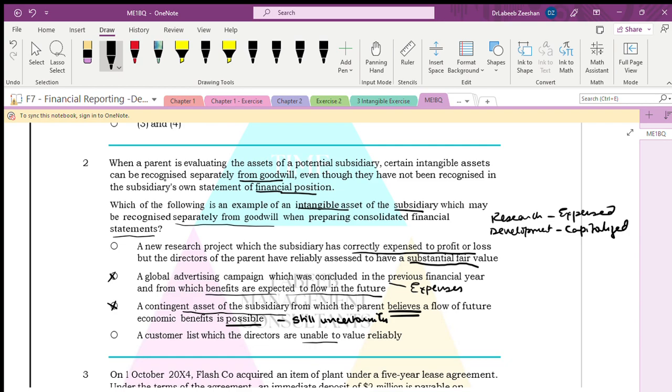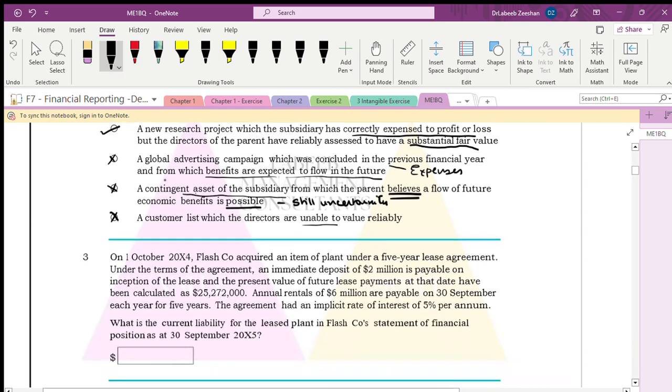But we are talking in terms of a specific intangible asset, which means this is also not workable. A research project that has been correctly expensed to the profit and loss account, but which the directors of the parent company say may have a substantial fair value, can be treated as an intangible asset.